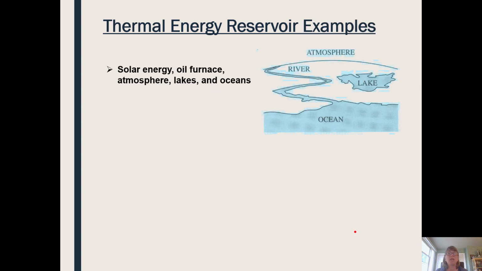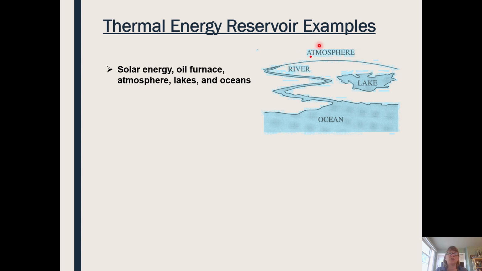You can think of general examples of thermal energy reservoirs, like our ocean system and our atmosphere. Our atmosphere is a huge body. When we think of a reservoir, we think of one where no matter how much a system is giving off heat or taking in heat, the amount of energy in our reservoir doesn't really change all that much.